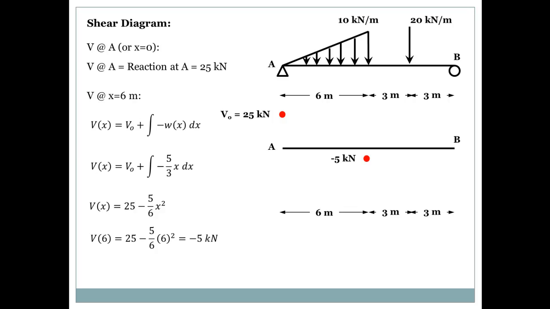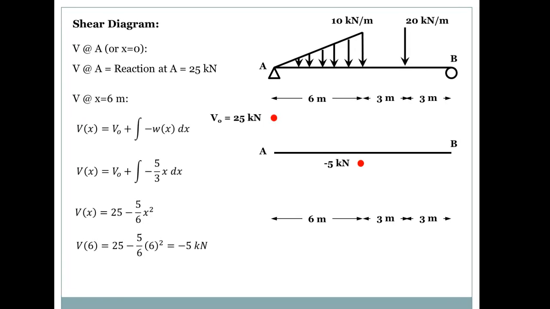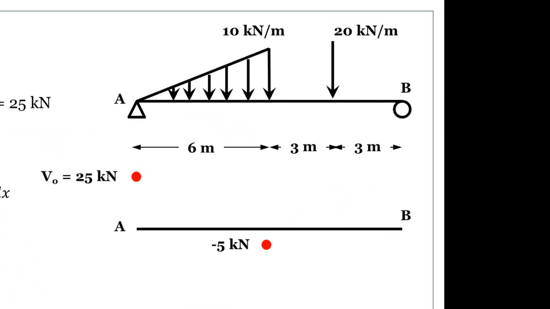Then what we can do, we can go ahead and ask ourselves, what happens between this negative 5 kilonewtons and the concentrated load? Is there any load in here? No, there is no load between the end of the distributed load and the beginning of the concentrated load, so I should not have a change in value in the shear.